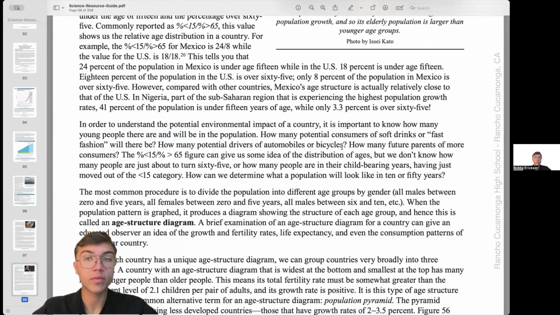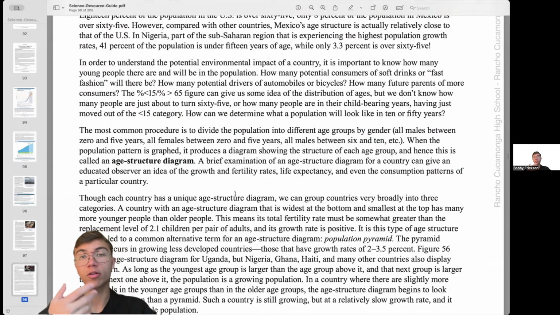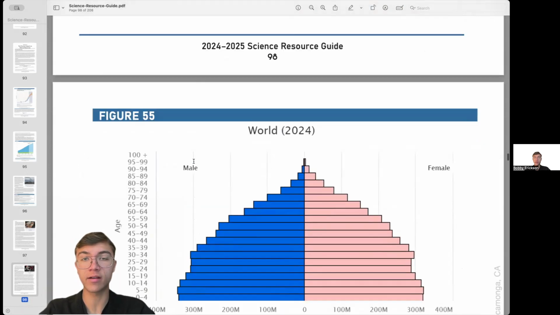And we can look to see what the population will look like in 10 or 50 years. With all of these, remember, we're trying to look at potential environmental impact and where the population is going to be in the future. In order to visualize this, we can use the division of different population groups in an age structure diagram. I'm going to show you one real quick.